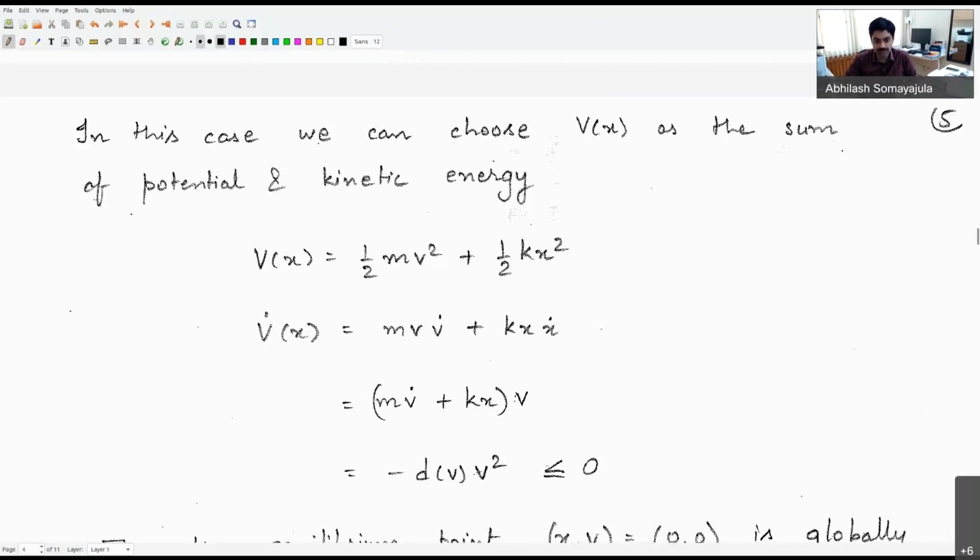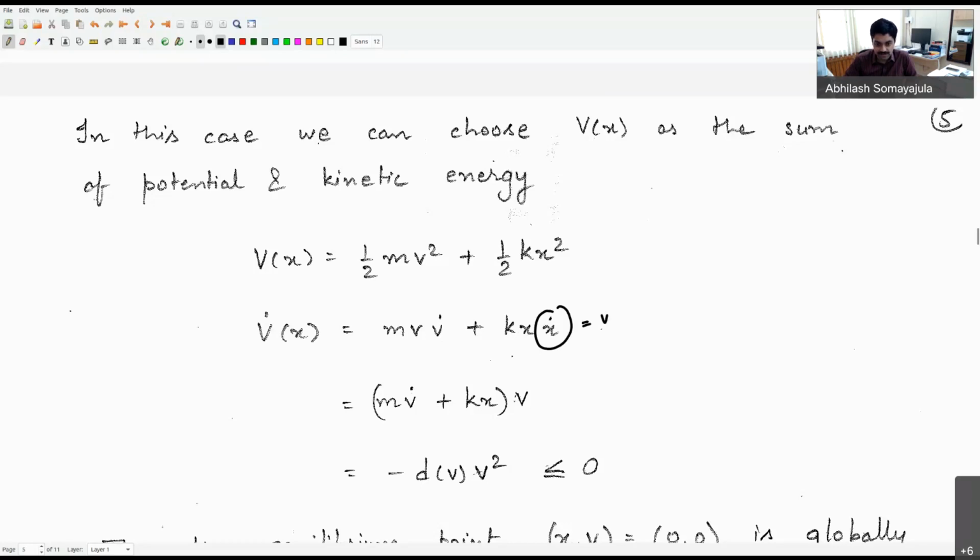In the next line, what I'm doing is that x dot is nothing but v, right? So I'm taking v as common, and what will be left inside? m times v dot plus k times x. Yes? All right.